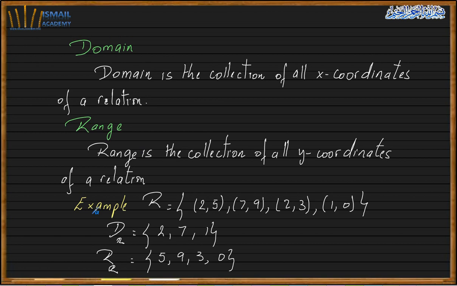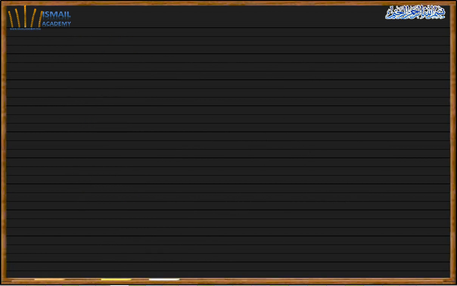And each ordered pair is a point on the coordinate plane. So that's exactly how to graph a relation. We just need to plot its ordered pairs in the plane.